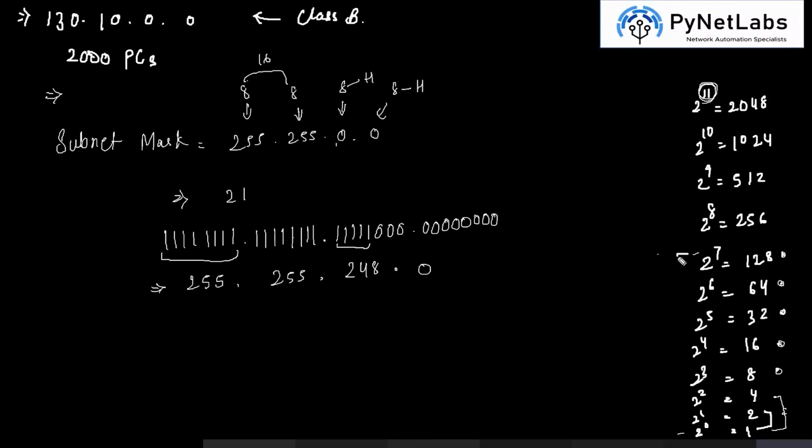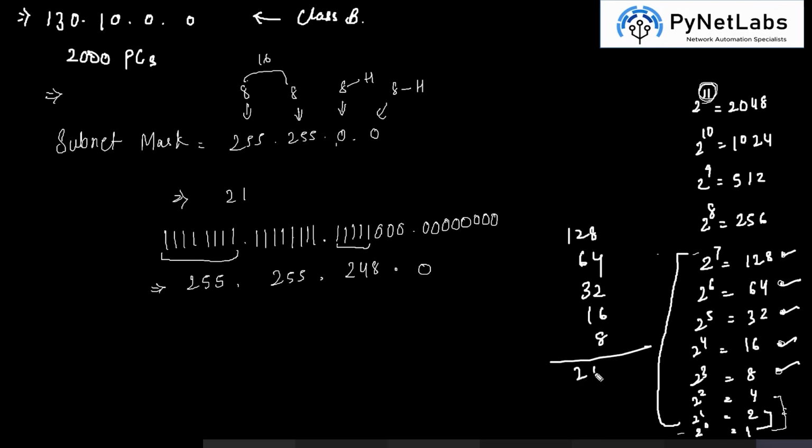So we are using the same thing to calculate the value of the first 5 bits. We have taken 128, the first bit, then second, then third, then fourth, then fifth. When you add 128, 64, 32, 16, and 8, you get 248.